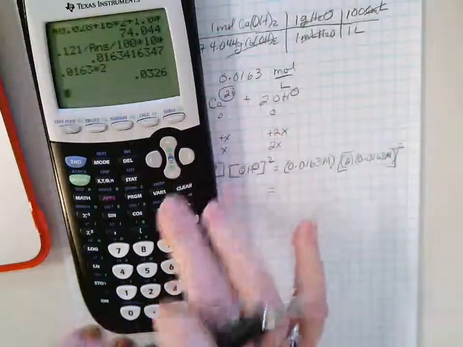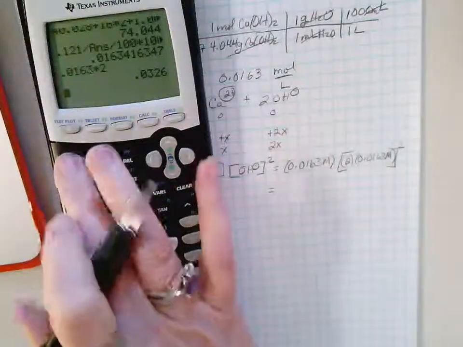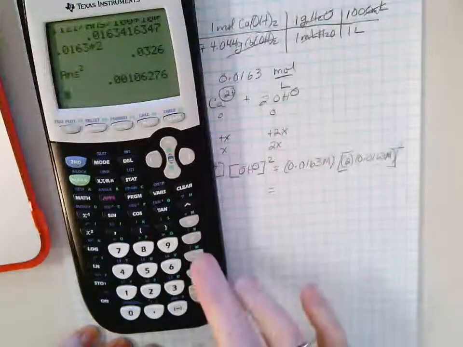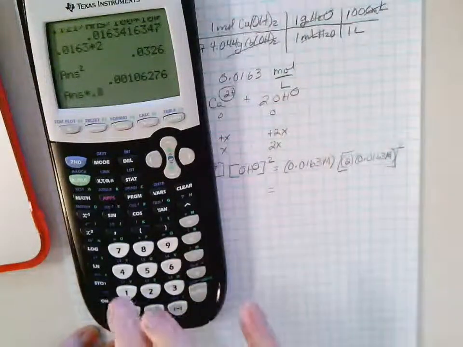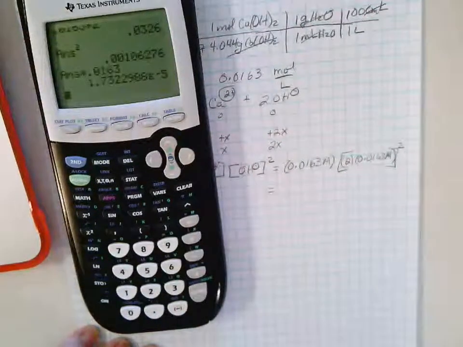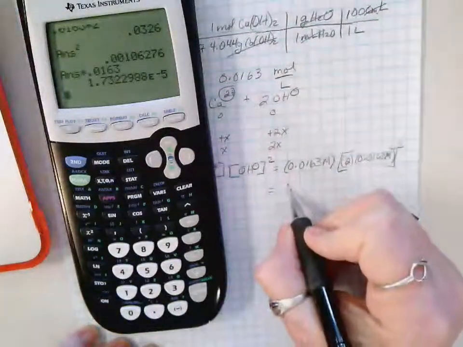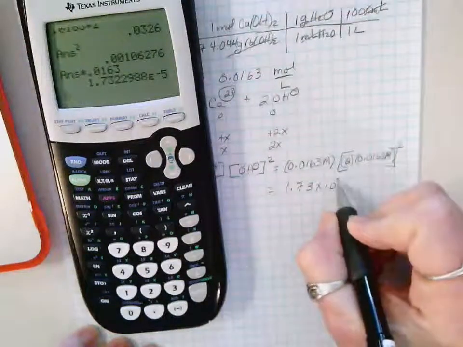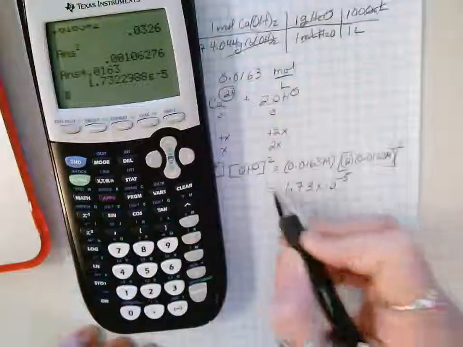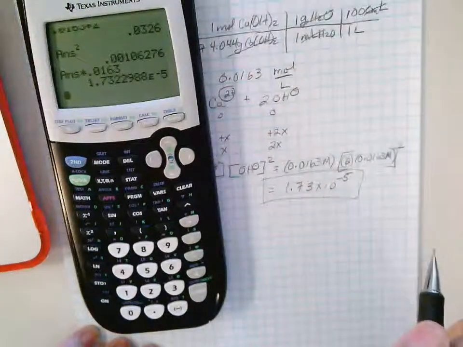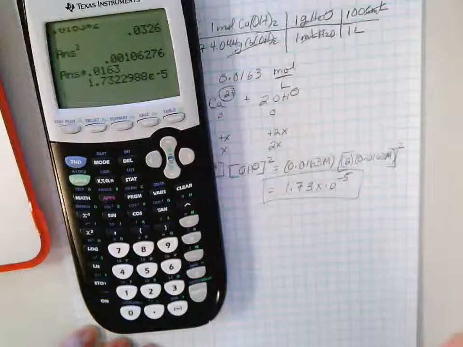Then I need to multiply that by 0.0163 equals, and I get 1.73 times 10 to the negative fifth is the KSP for calcium hydroxide at 60 degrees Celsius.